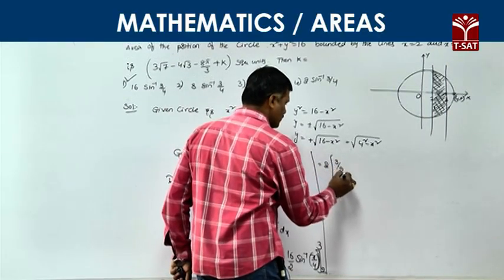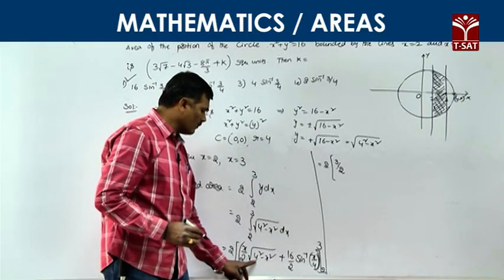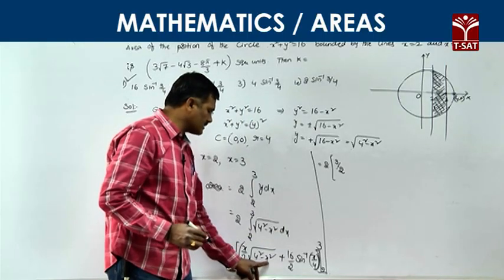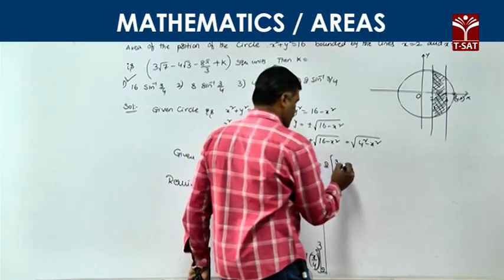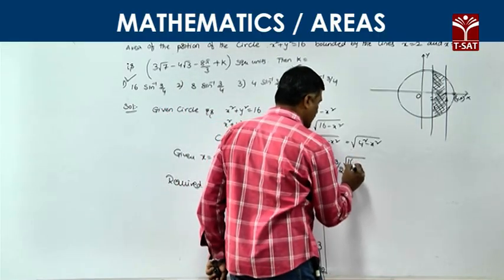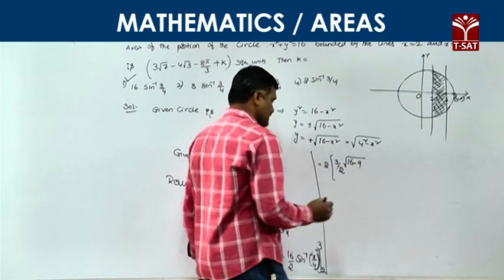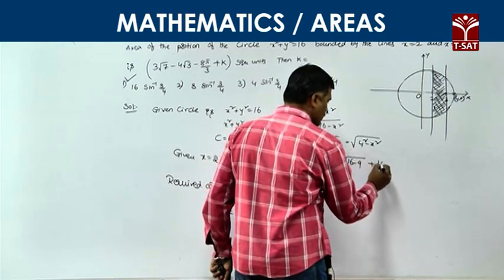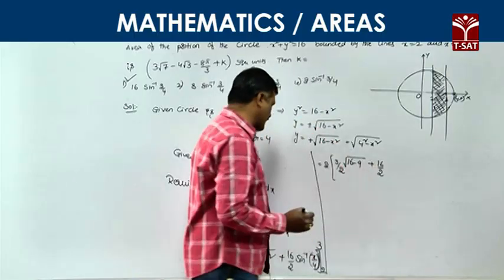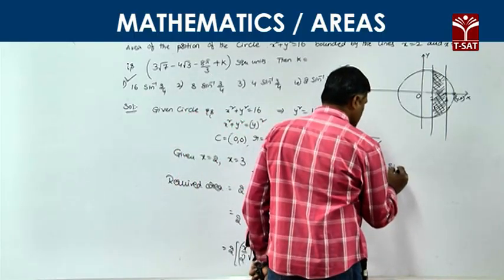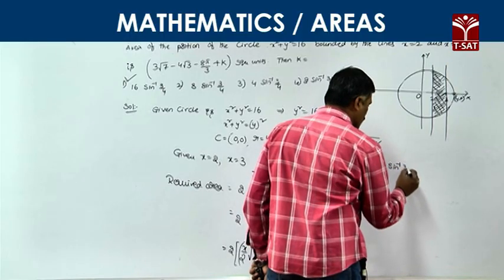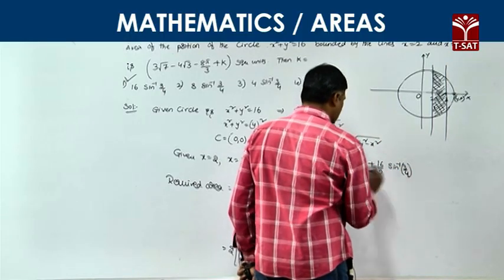Upper limit 3: 3 by 2 into root over 4 square, that is 16 minus upper limit 3 square, 9, so root of 16 minus 9, plus 16 by 2 into sin inverse of 3 by 4. Upper limit completed.